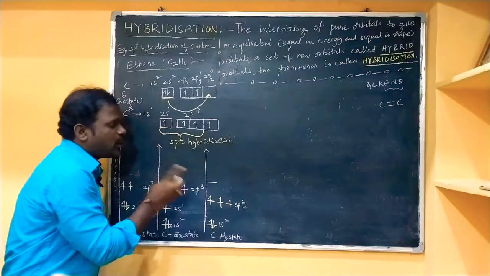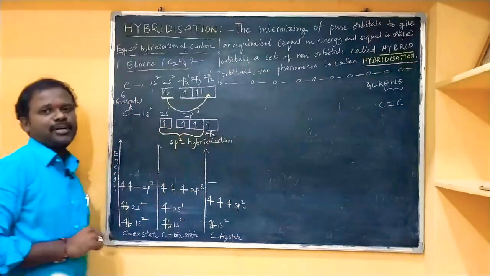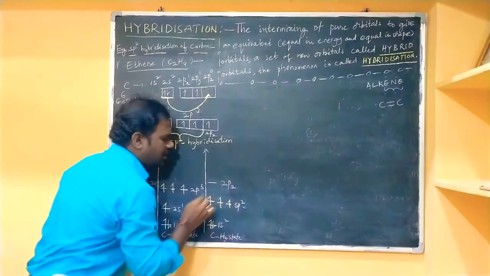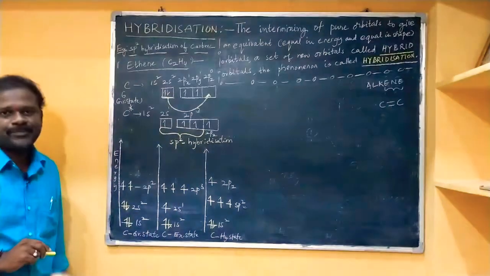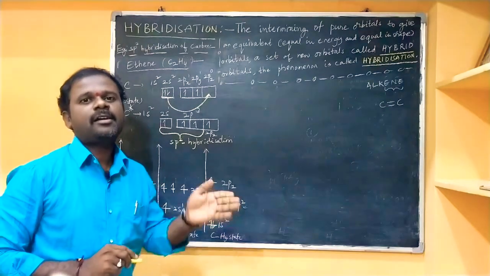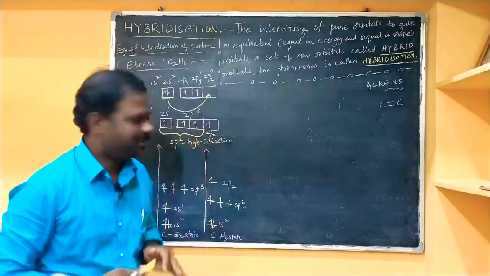There is no involvement of the 2pz orbital in the hybridization, which is called a pure orbital, an unhybridized orbital not participating in the hybridization.